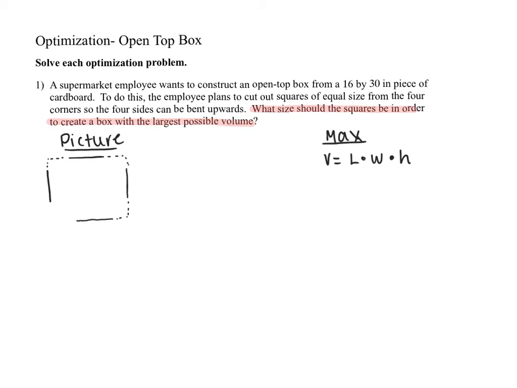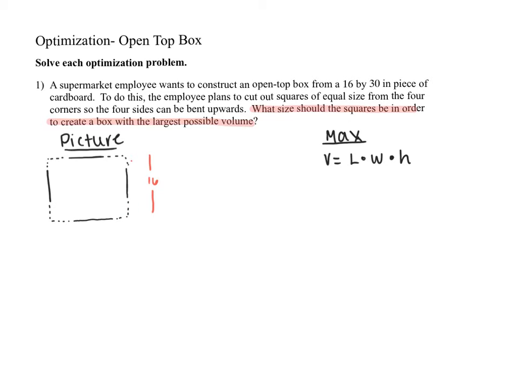So I'm going to use dotted lines to show that it's cut out. So the idea behind it is that the employee started with 16 by 30, but then cuts off these pieces. So if this entire distance, from here to here, is 16, but then I'm cutting off these pieces here, this piece and this piece.